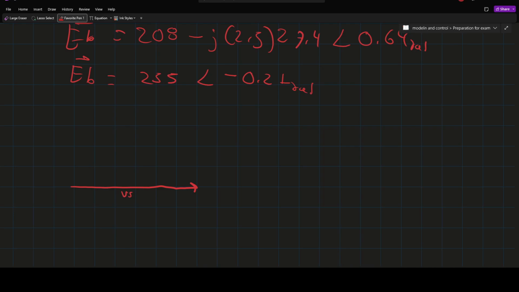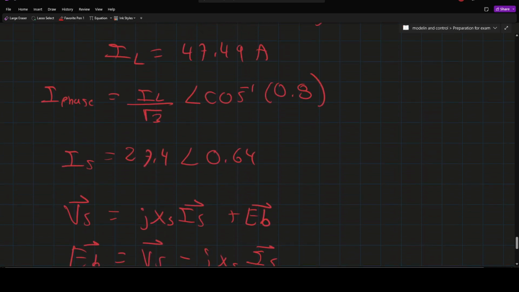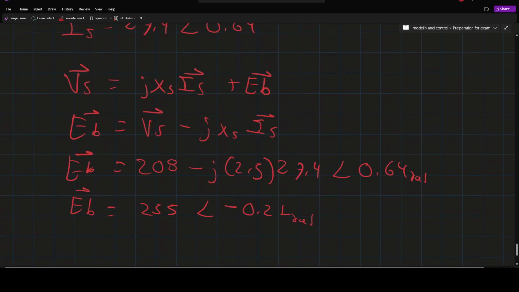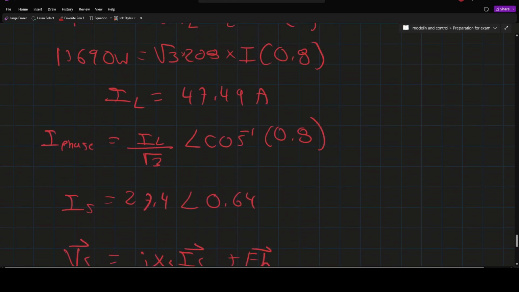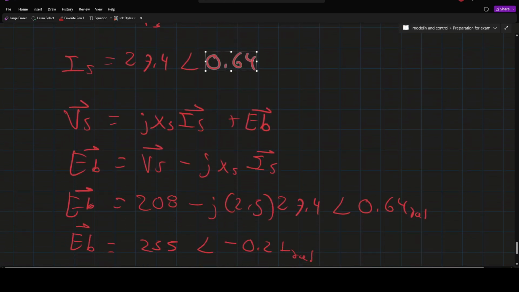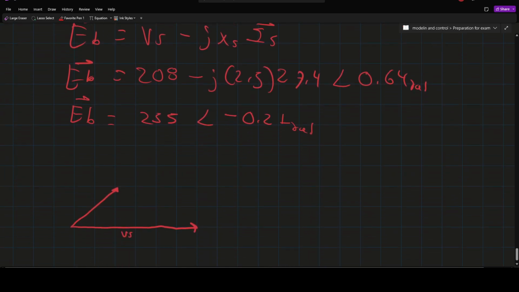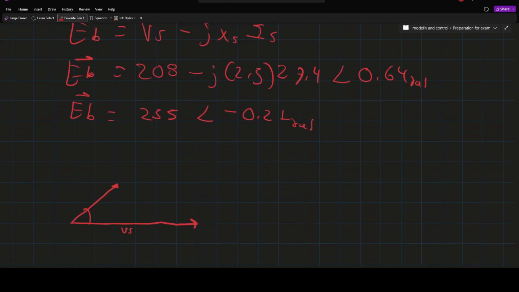Now over here we are going to have IA that we found here, and it has an angle of, if we turn it into degrees, 36.7. This is going to be our IA.